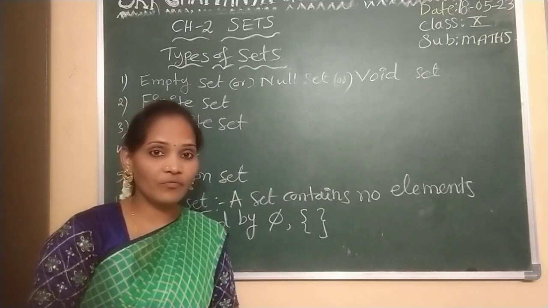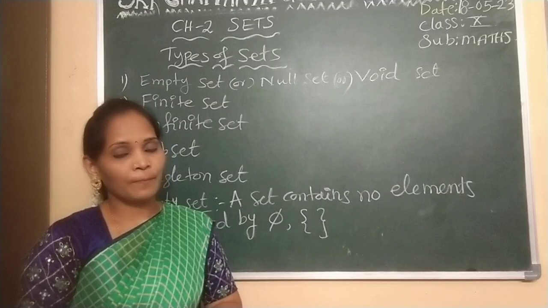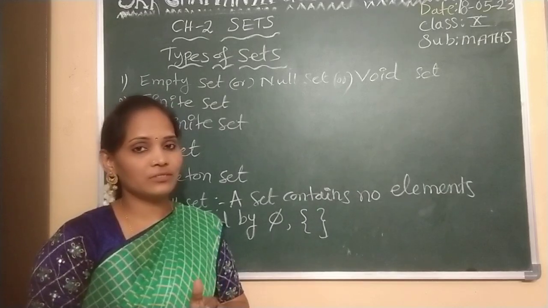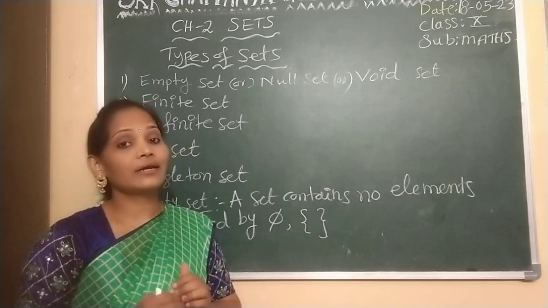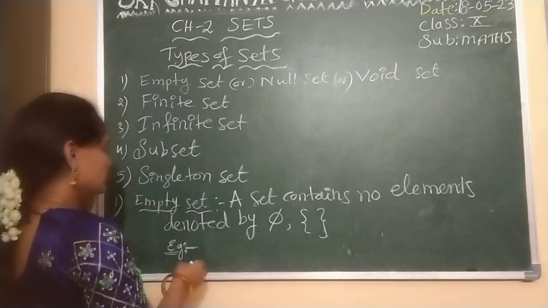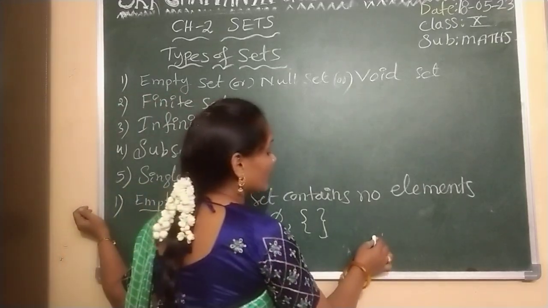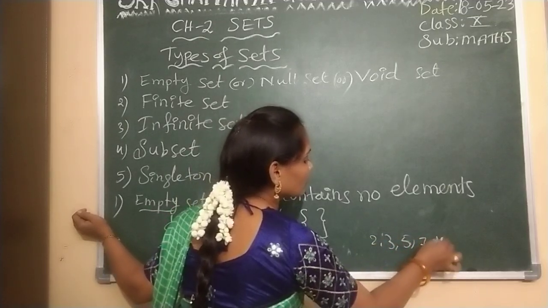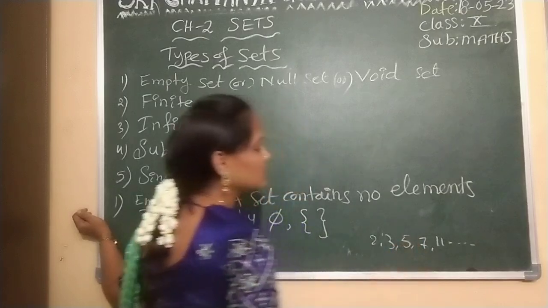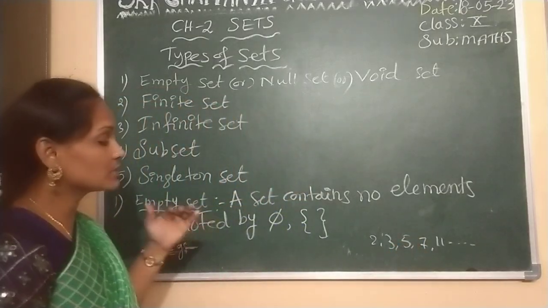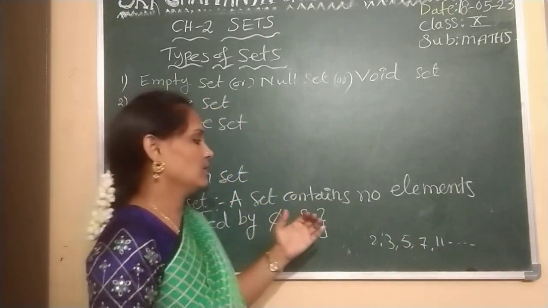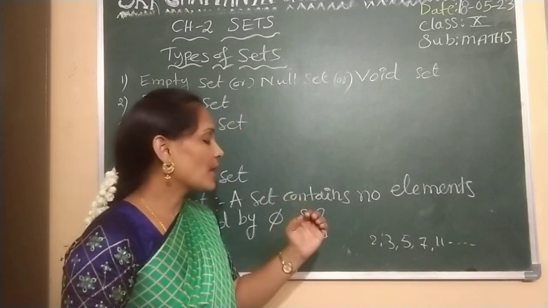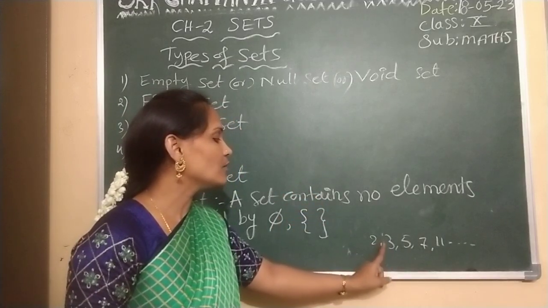A set of numbers which are prime numbers and greater than 2. See, prime numbers what we have? 2, 3, 5, 7, 11. These all are prime numbers. Yes or no?